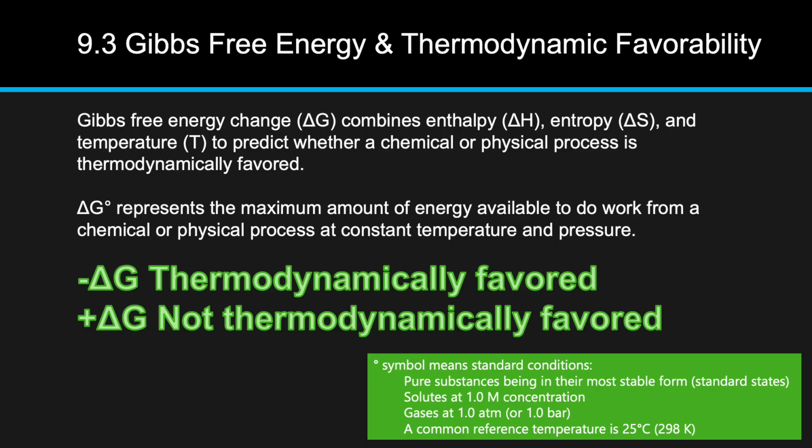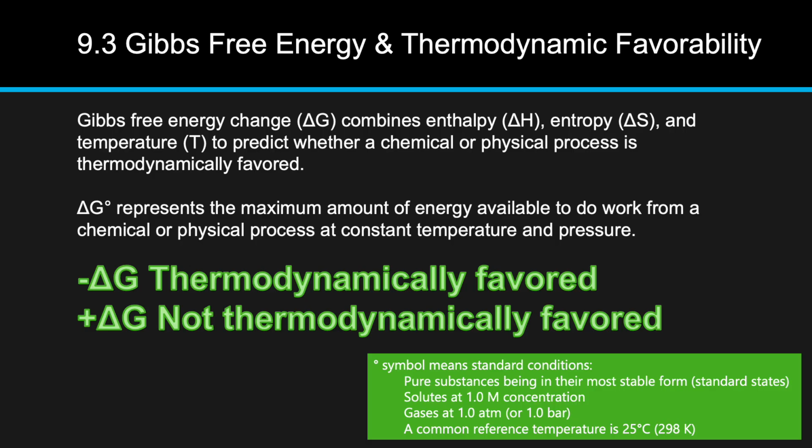Now, let's talk about Gibbs free energy. Everything we just talked about with thermodynamic favorability is Gibbs free energy. It combines enthalpy, entropy, and temperature to predict whether a chemical or physical process is spontaneous, or thermodynamically favored.